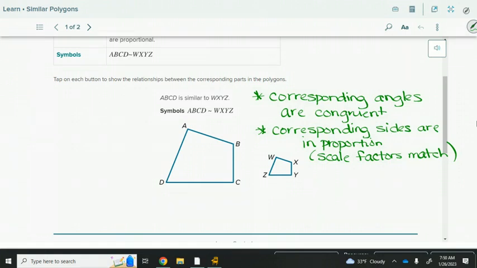So angles will always equal. If angle A is 50 degrees, angle W is 50 degrees. And then we're going to set up fractions for our sides. Angles are equal, sides are going to have a fraction, a scale factor. And then we're going to see what an example will look like here in just a little bit.